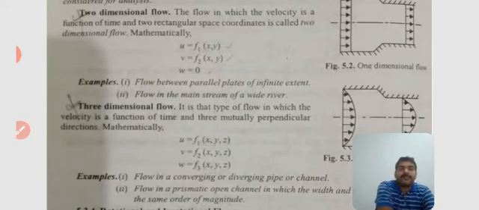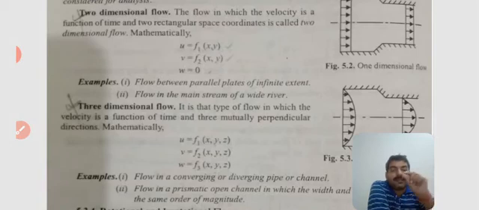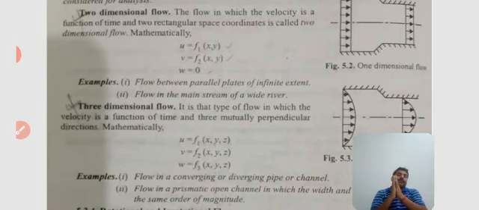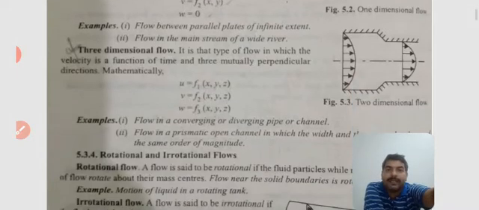For example, flow between parallel plates of infinite extent and flow in the mainstream of a wide river are two dimensional flows. A river flows in the x direction as well as the y direction.